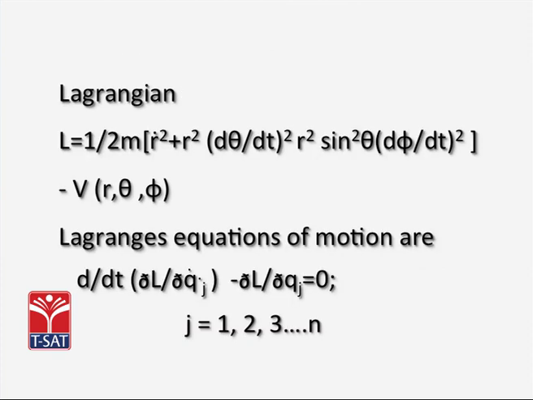Now, the Lagrangian becomes L equal to 1 by 2 m into (r dot square plus r square (d theta by dt) square plus r square sin square theta (d phi by dt) square) minus potential V as a function of r, theta, phi. Lagrange's equations now become d by dt of dou L by dou q dot j minus dou L by dou q j is equal to 0, where j equals 1, 2, 3 up to n.